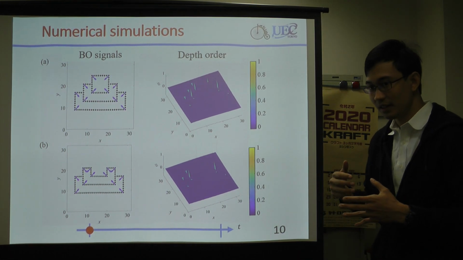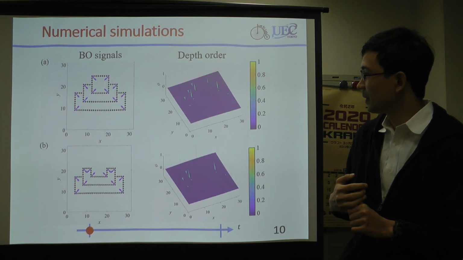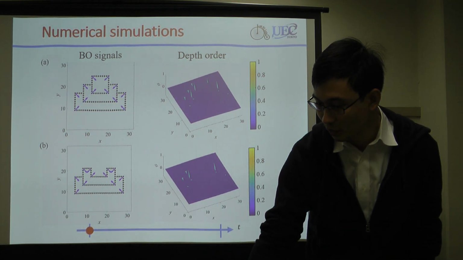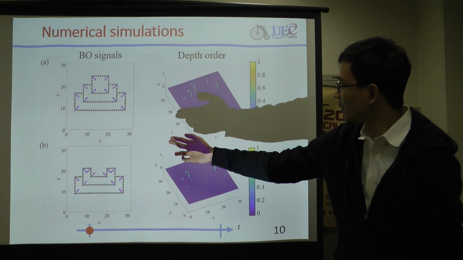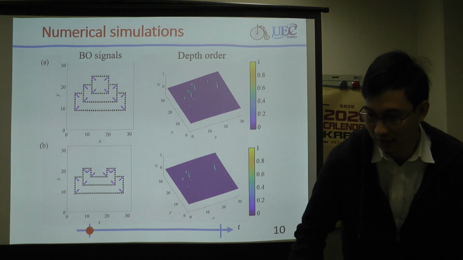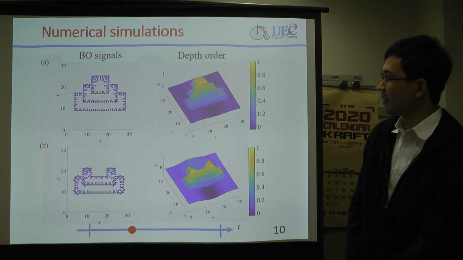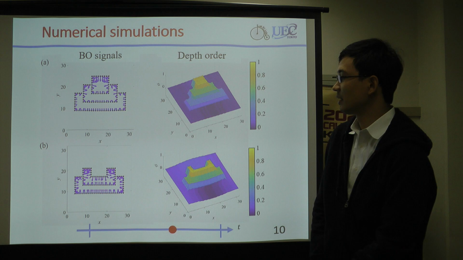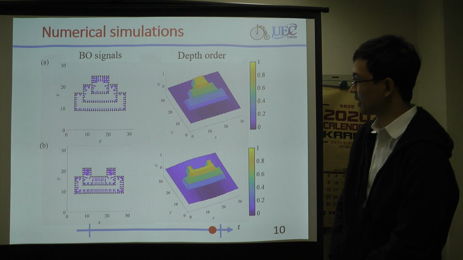So if we apply our model, the update rule, to this image, what we get is the evolution of the border ownership signals and depth order phi. Let me play this once. As you can see, the vectors slowly realign themselves to point towards the occluding object.